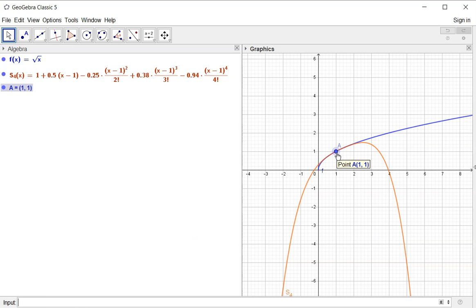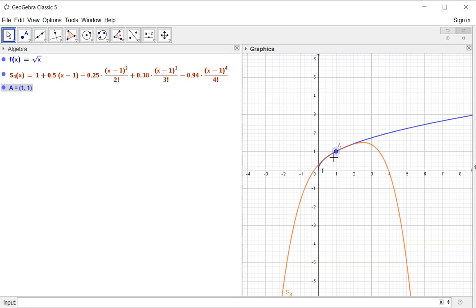You can see that near the center, the Taylor polynomial of degree 4 is very close to the original function. You can't really tell the difference between the orange and the blue curve. But if you go far away from the center, you can see that it is a little bit different.